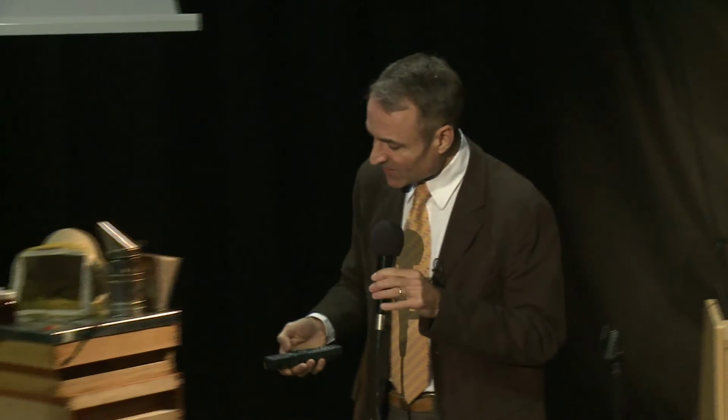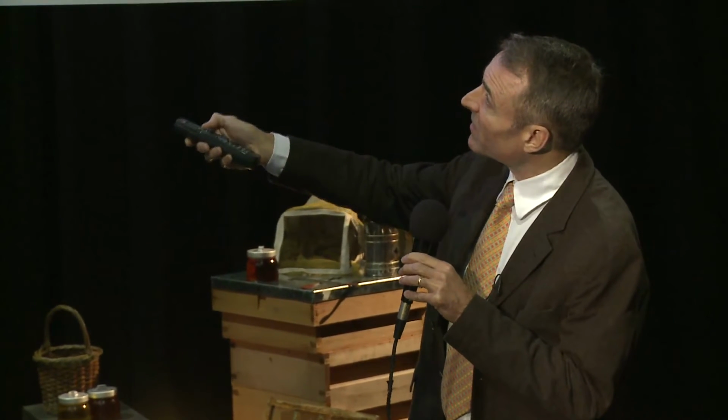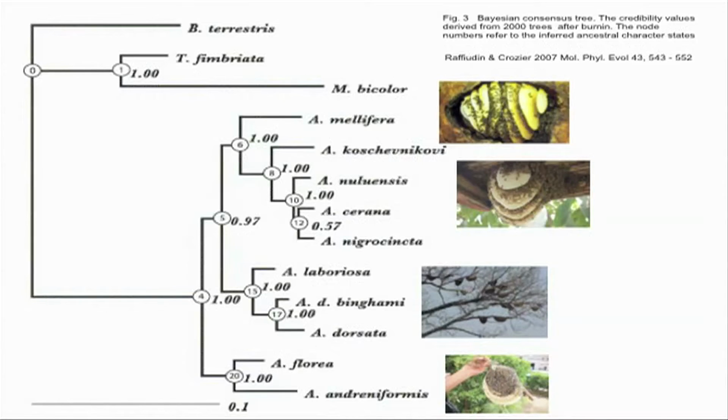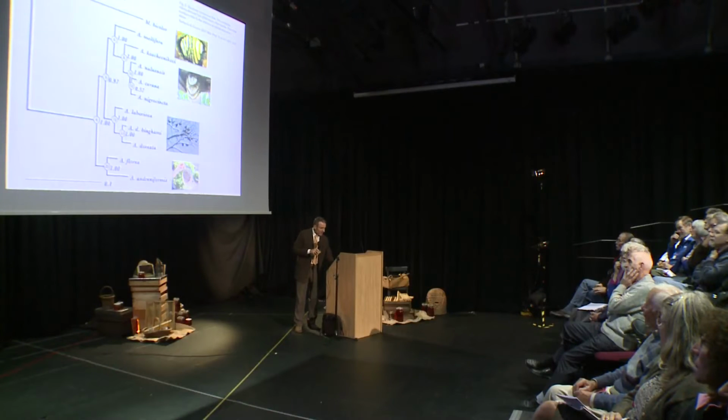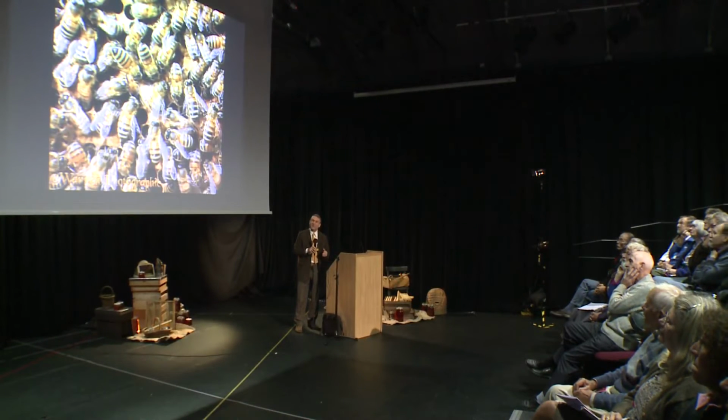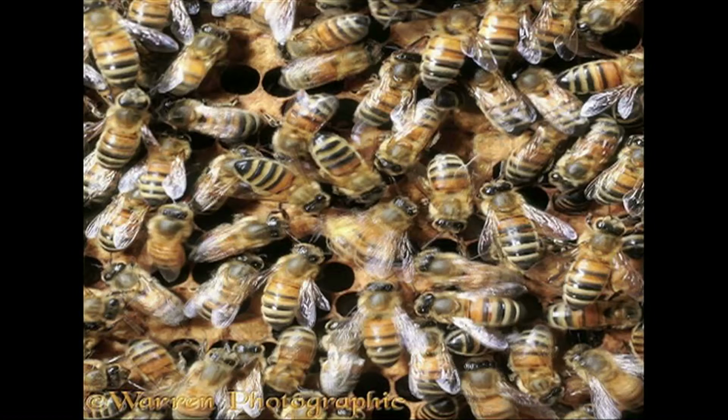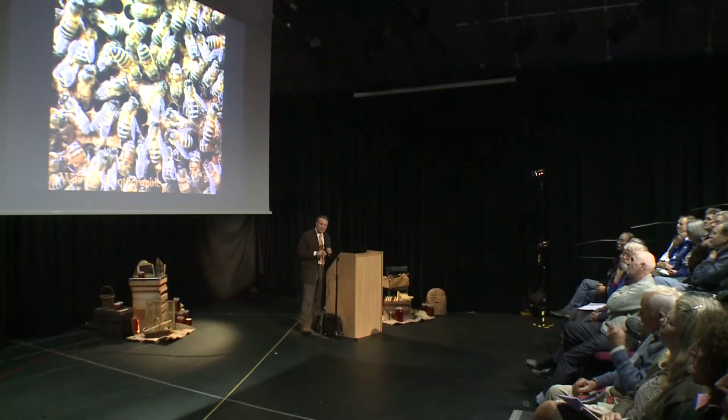But at least what we can say, based upon this phylogeny, which is very well supported, is something about where, within these eusocial species, dance language and multiple combs evolved. Dance language in particular is very particular to the honeybee and to all honeybee species, they have this wonderful waggle dance.